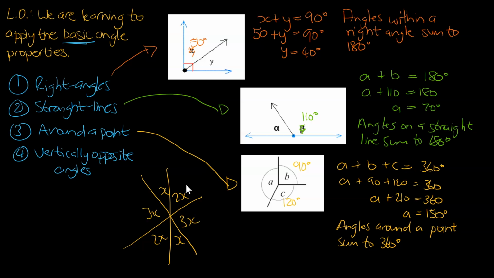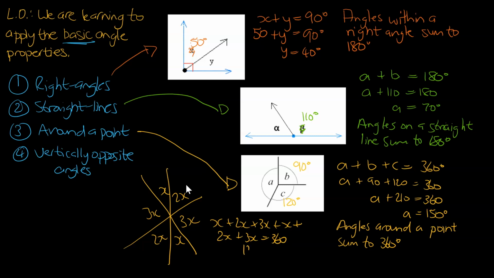So again, we can figure out the value of x for all of these because we know all of them added up together need to be 360. So x plus 2x plus 3x plus x plus 2x plus 3x, we know all of those should have combined to get to 360.